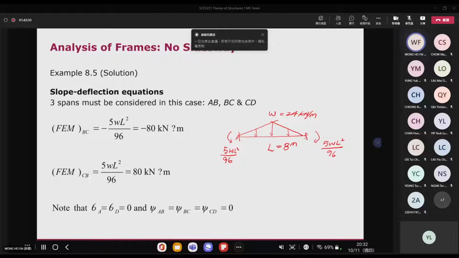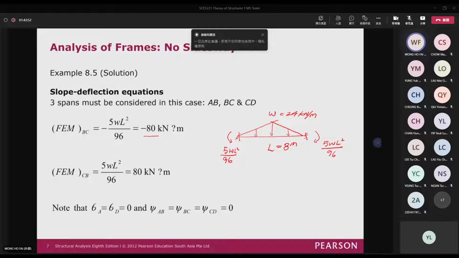Now remember, because we treat clockwise moment as positive, and the fixed end moment here is counterclockwise, it is a negative value here. This one is clockwise. So 5WL squared over 96 is equal to 80 kNm: negative 80 kNm on the left-hand side, and 80 kNm on the right-hand side.